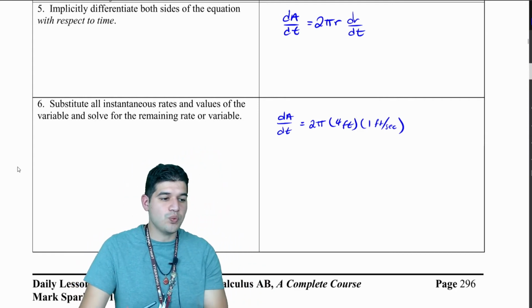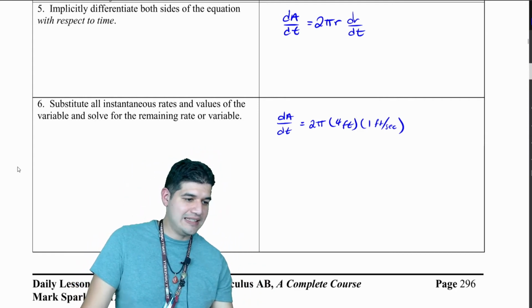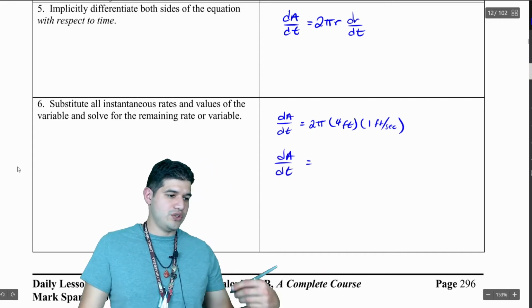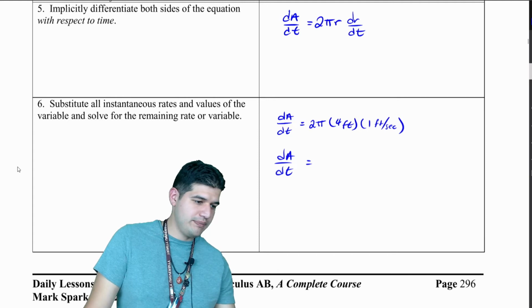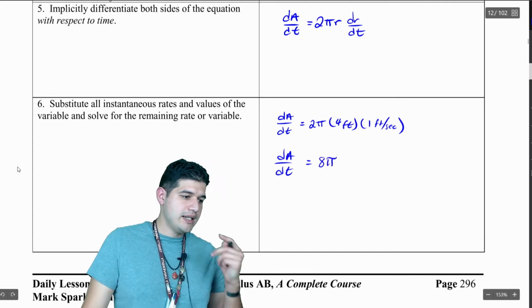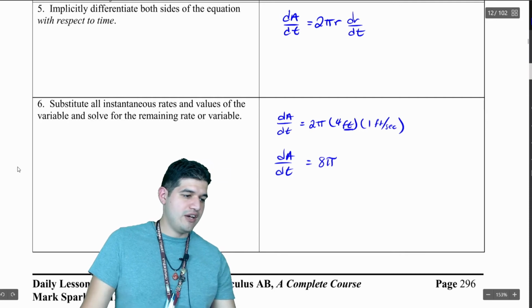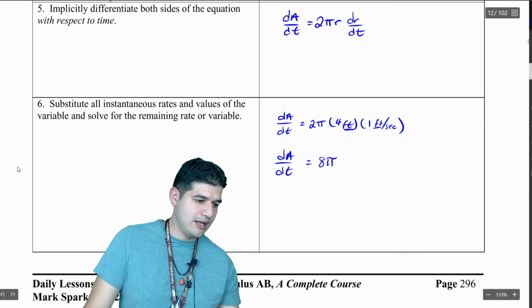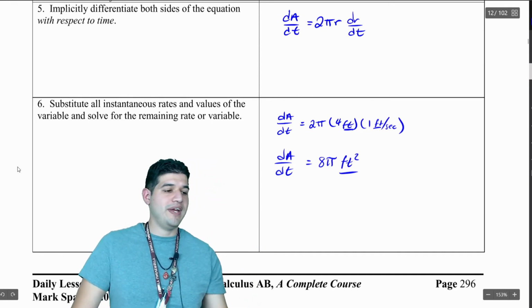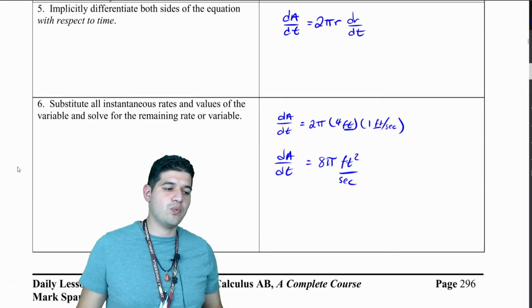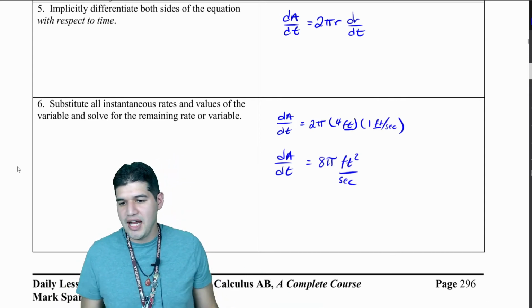So now I just want to figure out what dA dt is here. dA dt equals 2 pi times 4, that's going to get me 8 pi. Now, notice here I've got foot in my numerator and foot in my numerator. So that's going to get me square feet, and seconds remains in my denominator. And then I also multiplied by the 1 there. Again, it doesn't really change anything.